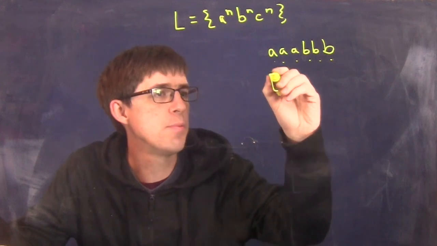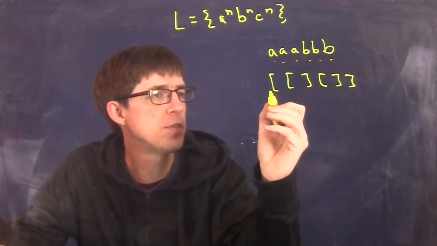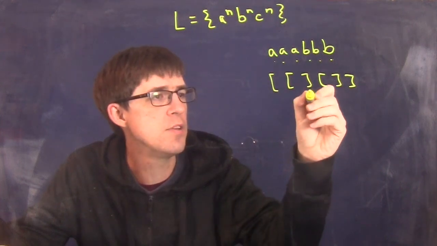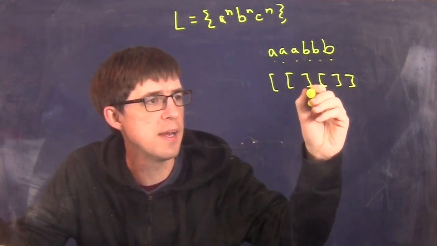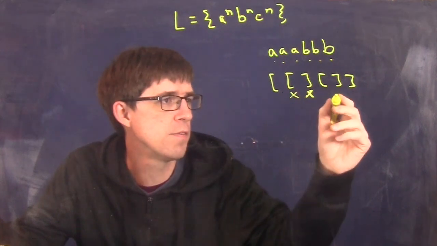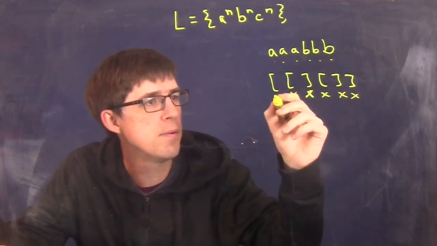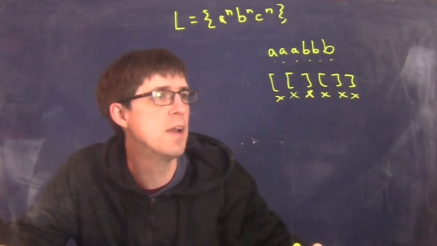We also had this example of balanced brackets. In that one, you start with a right bracket and then you mark it off. We turn it into an X. And then you go back and mark off the matching left bracket and then look for the next right bracket. Mark off the next matching left bracket. Here, it would be that one, and then you'd be done.